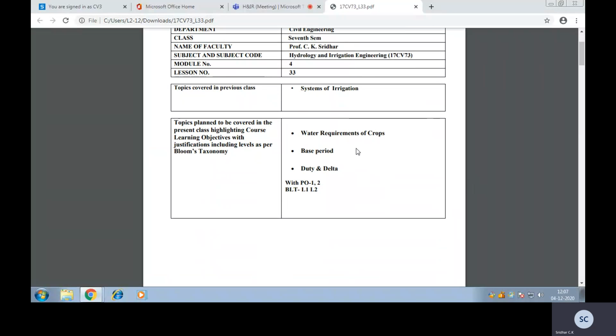And there are two things we can point out here. One is called arid region, another is called semi-arid region. Arid region means the area where irrigation is very much necessary for agriculture.